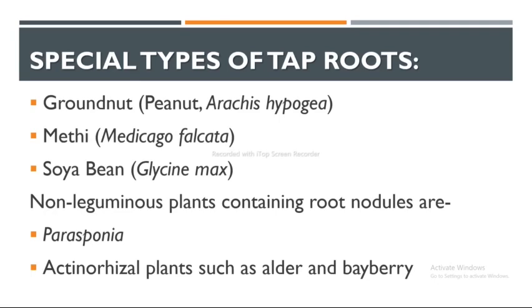Non-leguminous plants containing root nodules are Parasponia and actinorhizal plants such as the alder and bayberry.